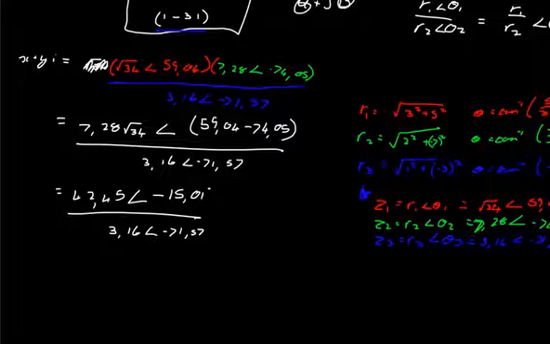Okay, and then according to De Moivre's second law, when you're doing division, we get R1 over R2.